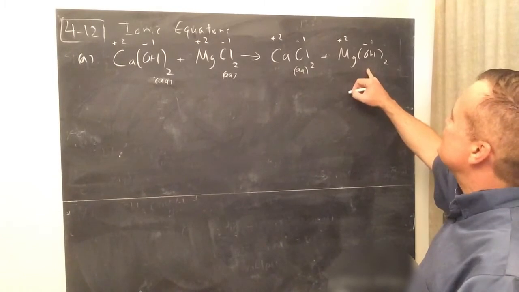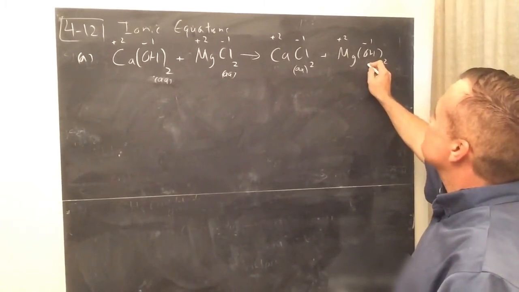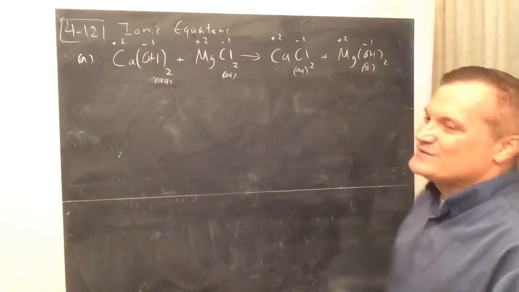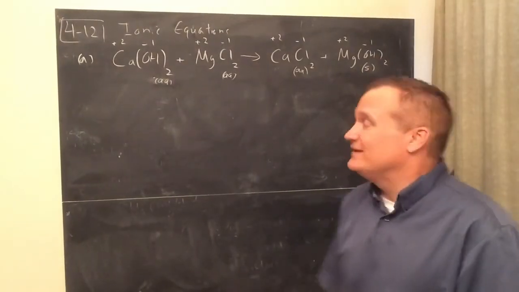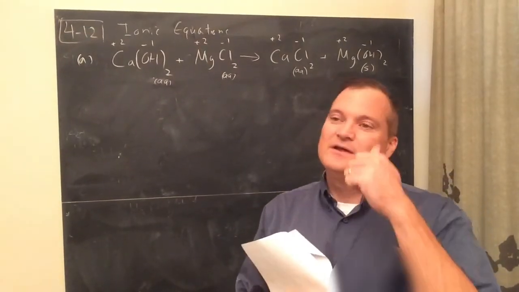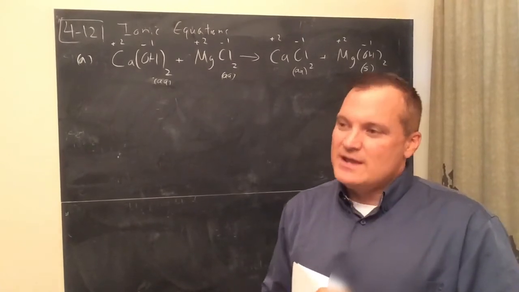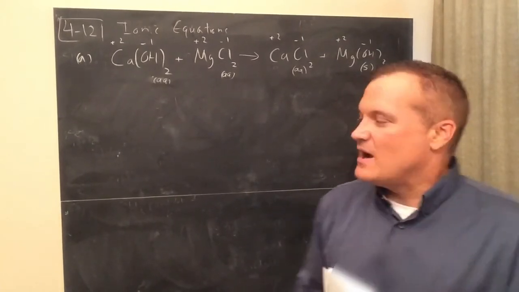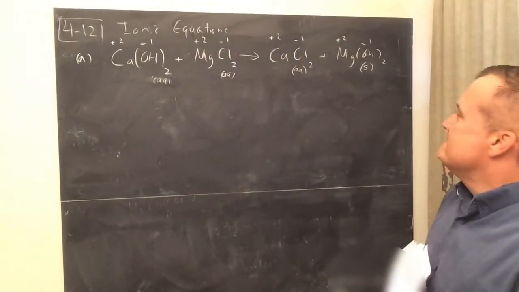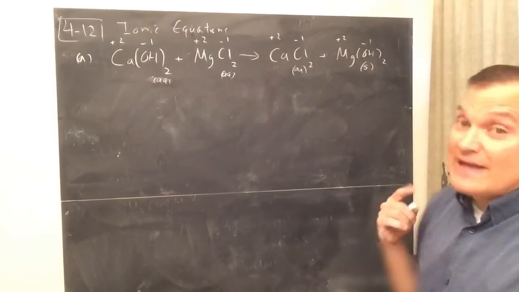Now, magnesium hydroxide, aqueous or solid, sorry. It'll be solid. Because none of the hydroxides dissolve except for the camel with straw on his back, calcium, strontium, barium, group 1, and ammonium hydroxides. Okay, now, so that's the molecular equation.